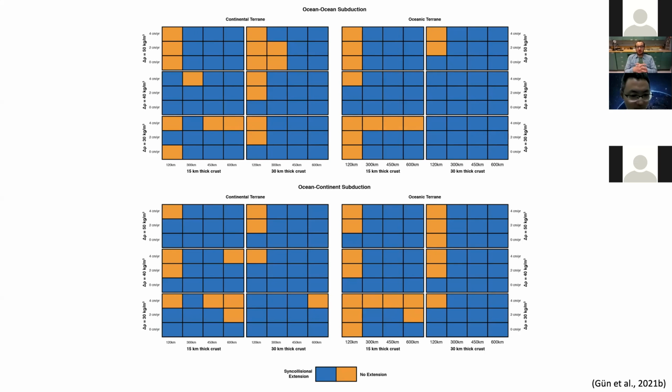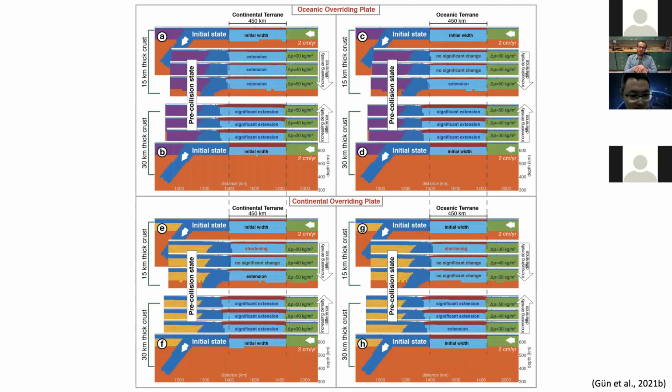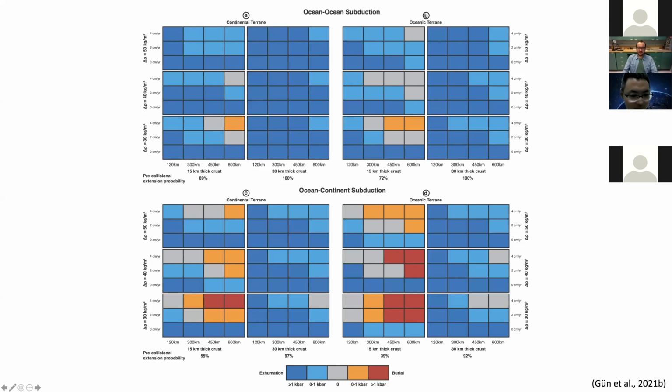So this is a kind of summary figure. Again, I'm comparing all these experiment results. It is similar to this figure here. We are using a similar placement of the models.